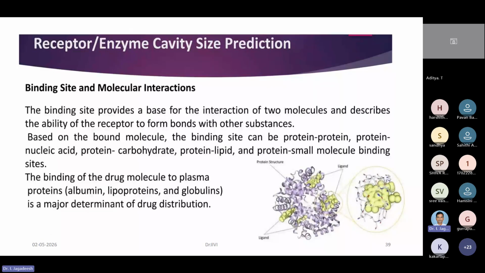Now, once this charge has an influence on drug-receptor bonding, there is one more important factor: the cavity size, because size matters. Unless induced fit is there, if the molecule is bigger than the receptor pocket, that is the cavity, then it will not enter.